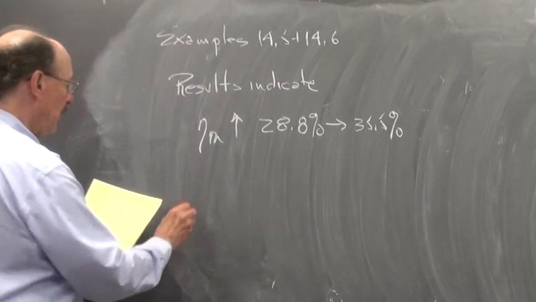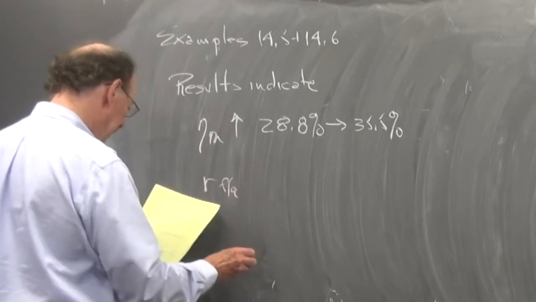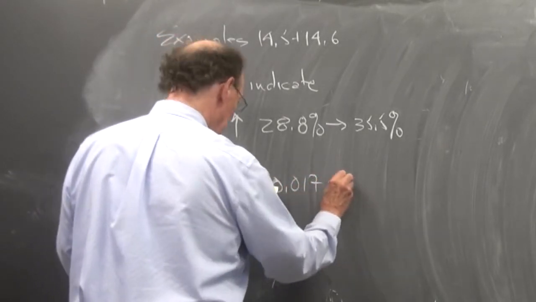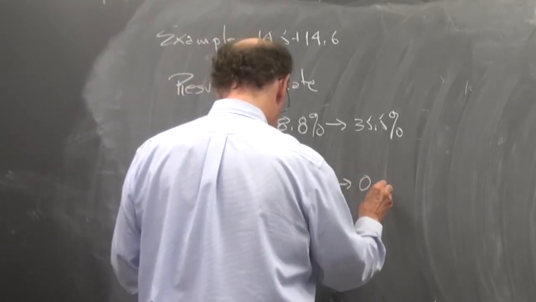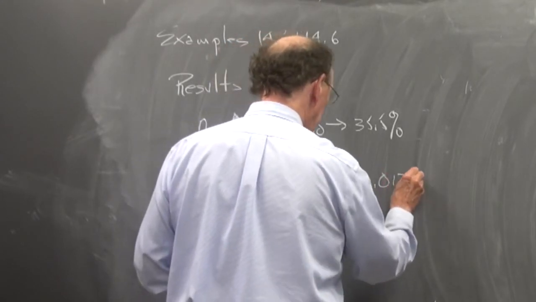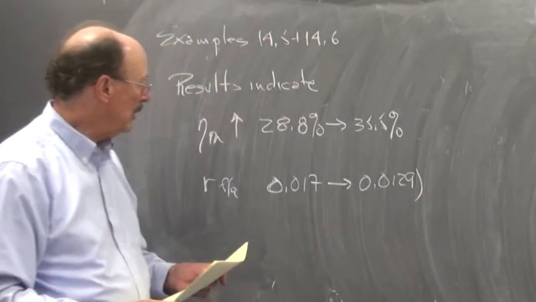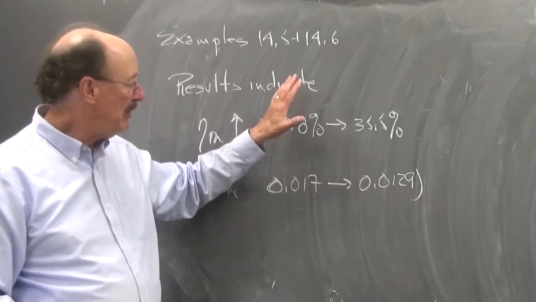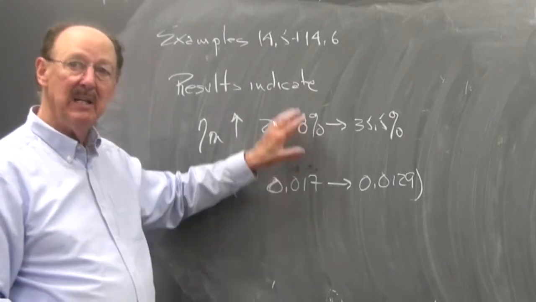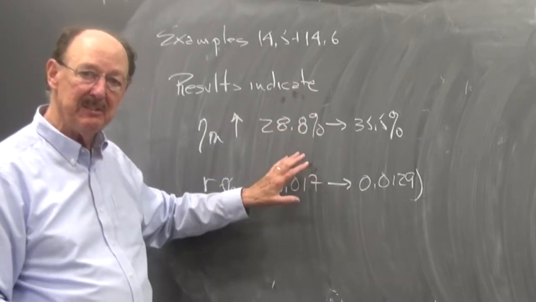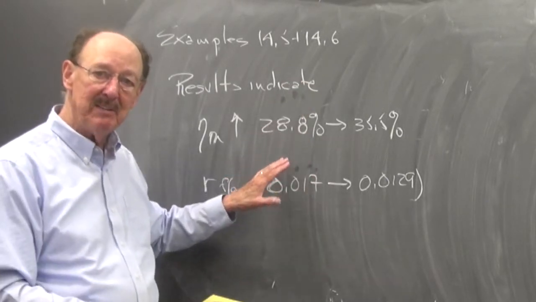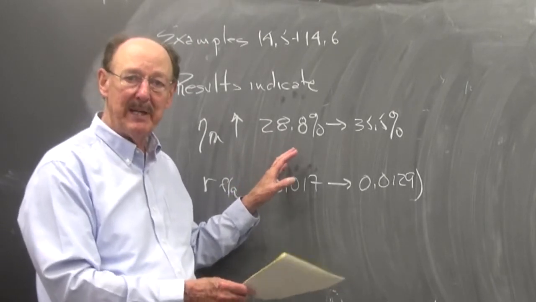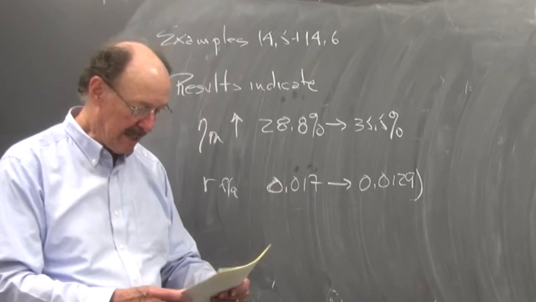And the fuel-air ratio went from 0.017 to 0.0129. Again, it's a significant decrease. So adding the regenerator is very much worthwhile in terms of your fuel consumption and your thermal efficiency. Obviously, the two are related. So it's a good investment if it's a stationary plant running at stable conditions. Obviously, if you had a variable plant, it may or may not be worthwhile in terms of the capital costs.